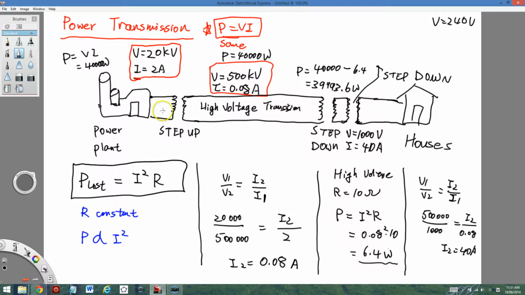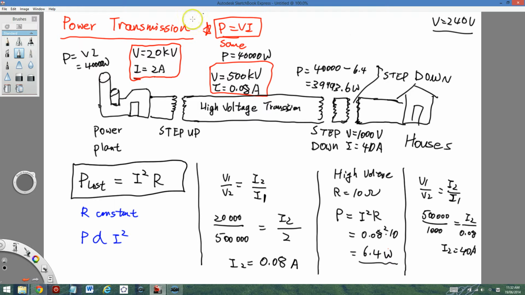So step one, what we do is when electricity is produced from the power plant, it is stepped up, then travels long distance. When it's close to your street, we step it down for safety reasons. Then it's stepped down to 240 volts again, so we can use our electrical devices in our houses.